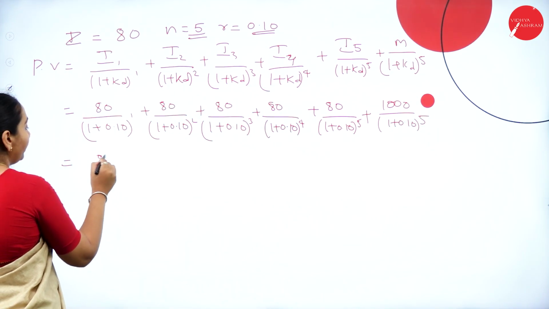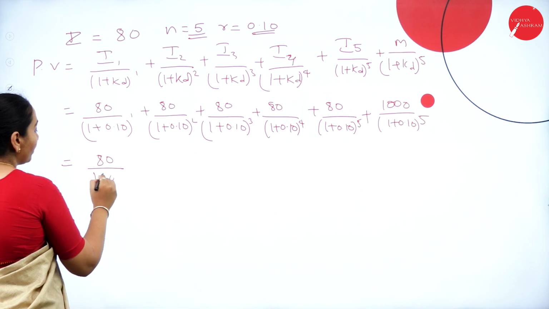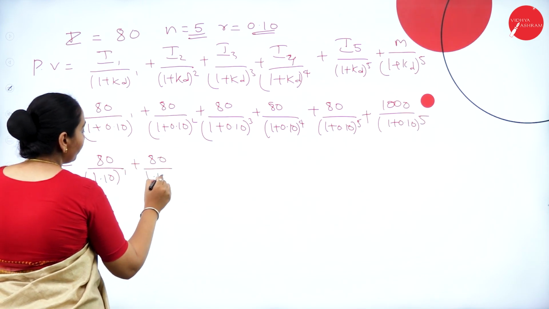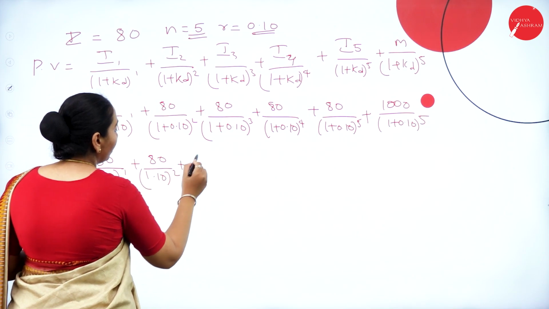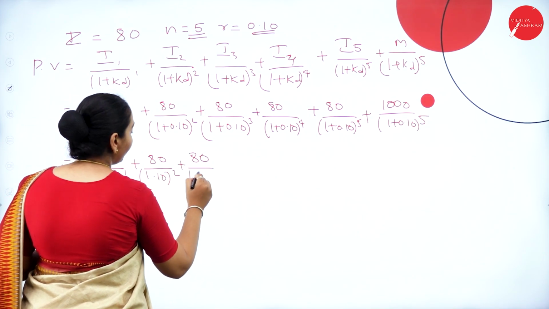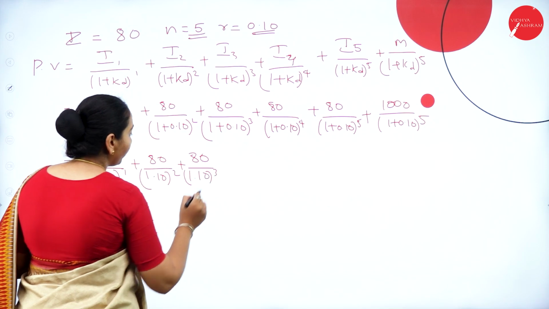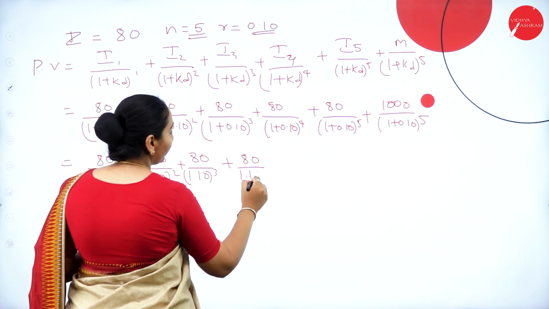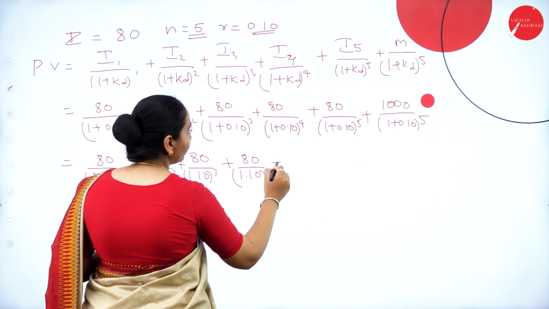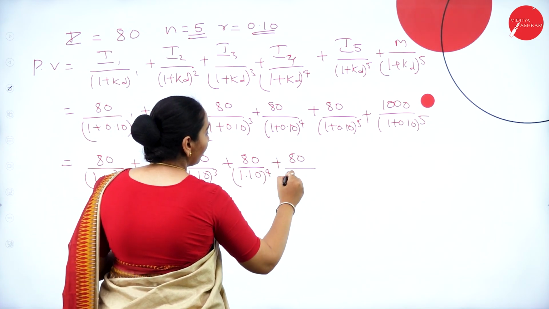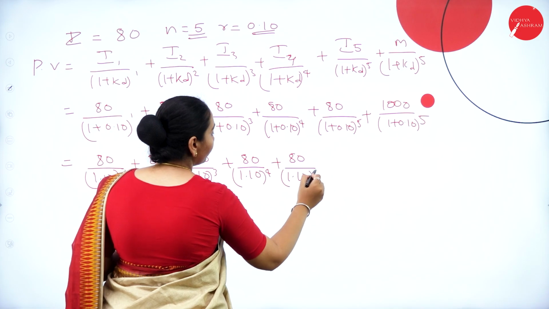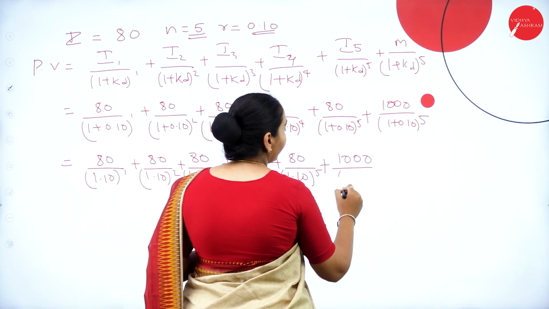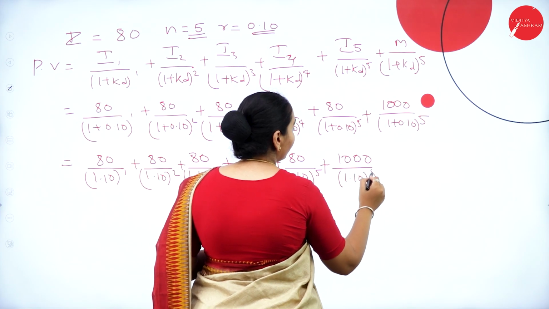So further, 80 divided by 1.10 to the power of 1, plus 80 divided by 1.10 to the power of 2, plus 80 divided by 1.10 to the power of 3, plus 80 divided by 1.10 to the power of 4, plus 80 divided by 1.10 to the power of 5, plus 1000 divided by 1.10 to the power of 5.